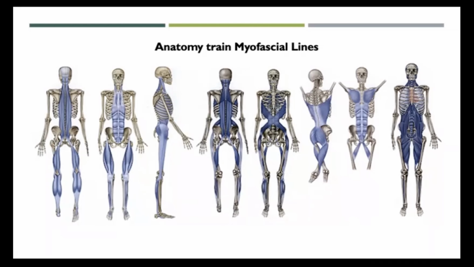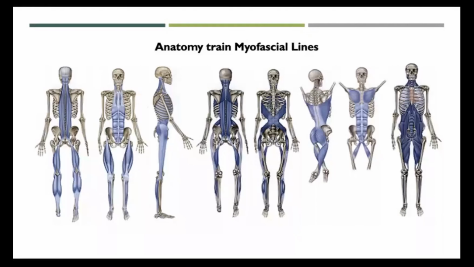But what took place is in the 90s, and I think this is following Ida Rolf. Then we have Tom Myers, who took this further. So from Tom Myers, and from his dissections and the work that he did, without cleaning too deeply, without taking too much connective tissue away, and not having just pure muscle, red tissue, by keeping that surrounding tissue around it, he was observing, where does this lead to?